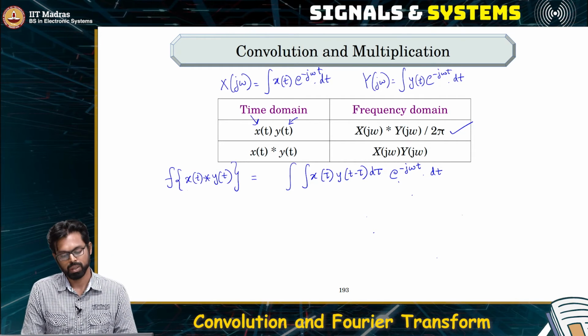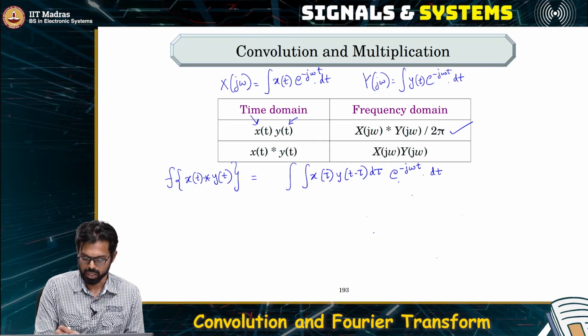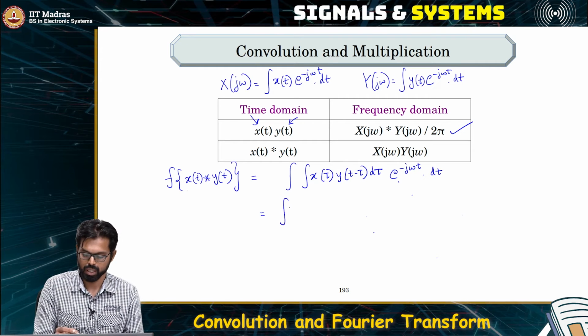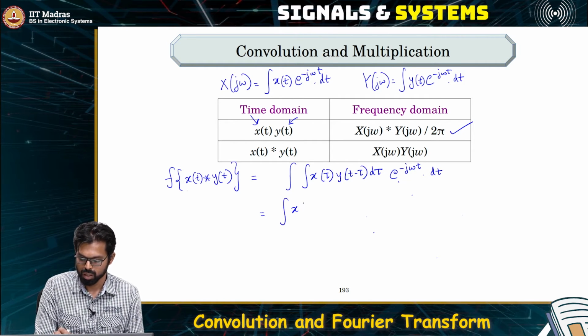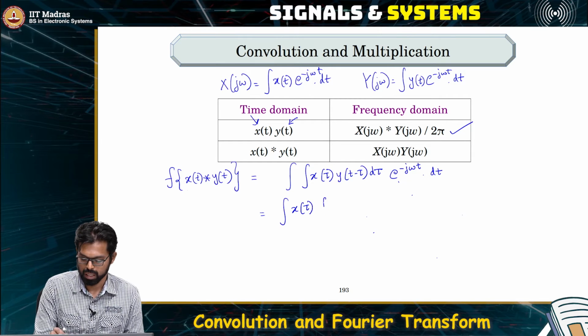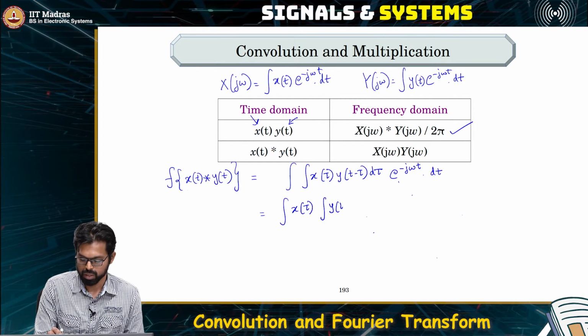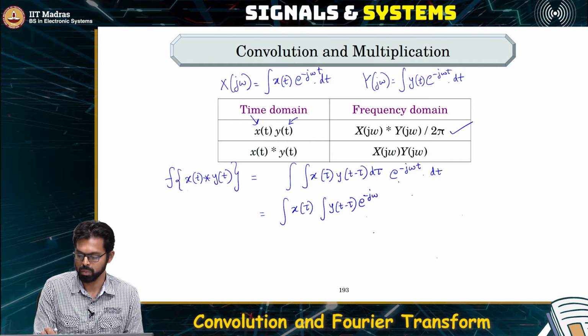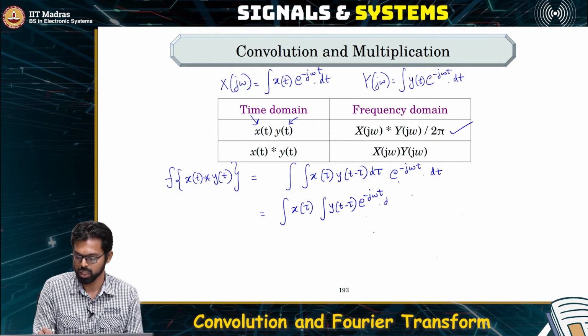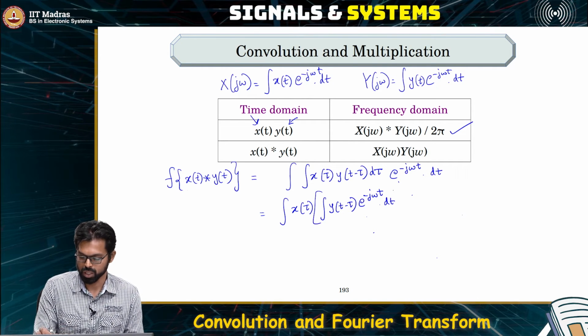What are we going to do? We are going to once again change the order of integration. So we'll just take x of tau outside and just integrate with respect to e power minus j omega t dt. We'll do this integration first.